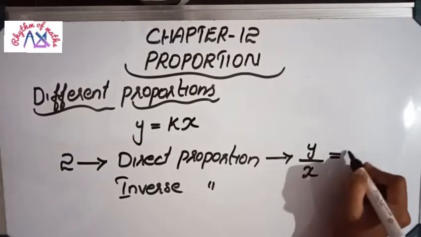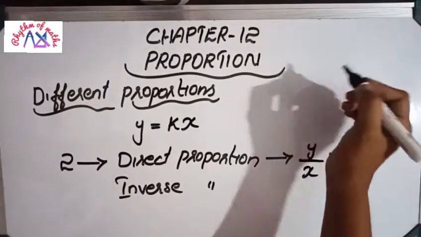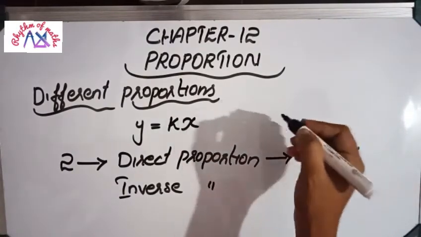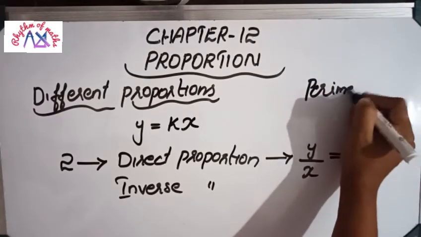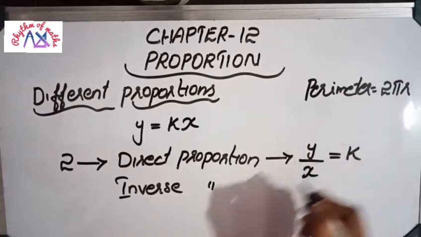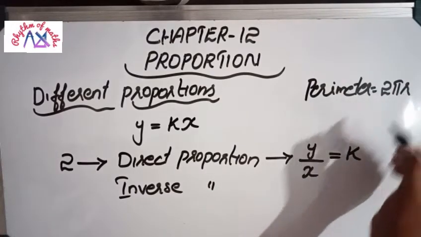For example, in the previous video we learned about the area of a circle and the perimeter of a circle. What is the equation for perimeter? 2 pi r. Here we proved that the perimeter and radius of a circle are in proportion.